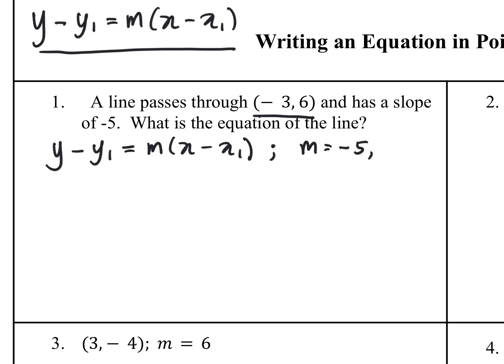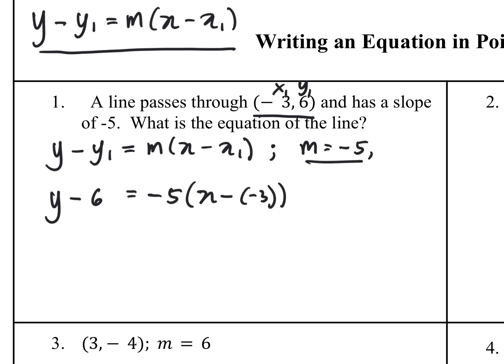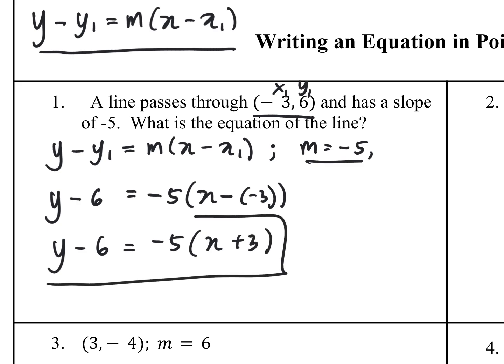Substituting, y minus 6 is equal to -5 times (x minus -3). Simplifying, y minus 6 is equal to -5 times (x plus 3). This is our final answer for this point-slope form equation.